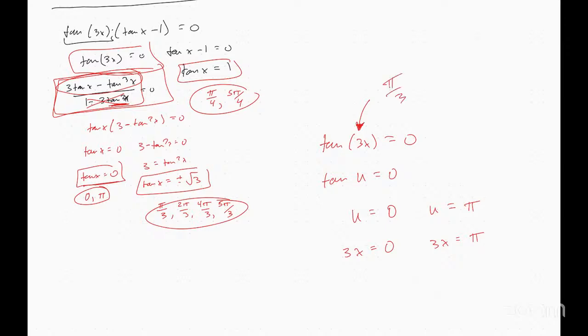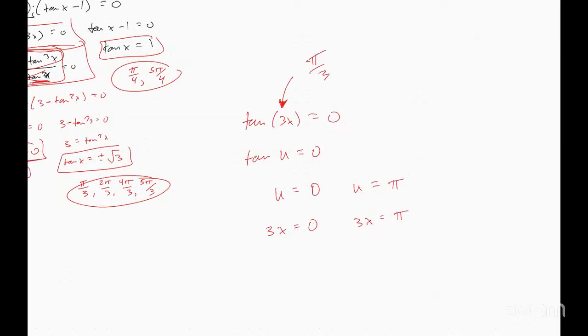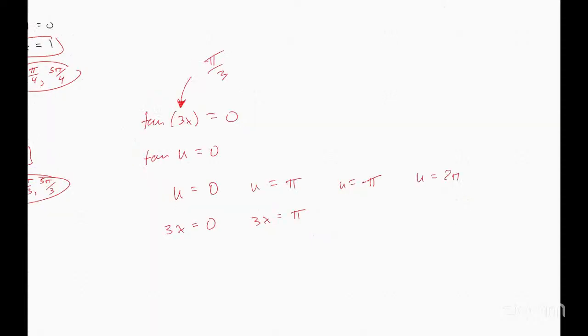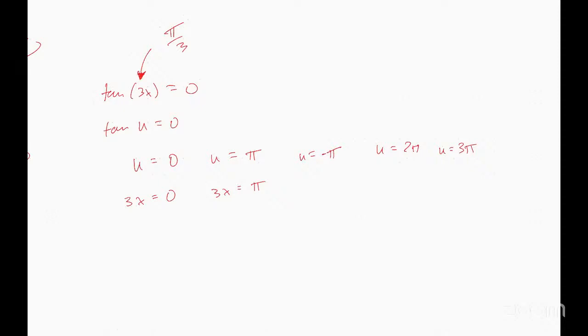So u equals negative pi, u equals 2 pi, u equals 3 pi. So 3x equals negative pi, 3x equals 2 pi, and 3x equals 3 pi.